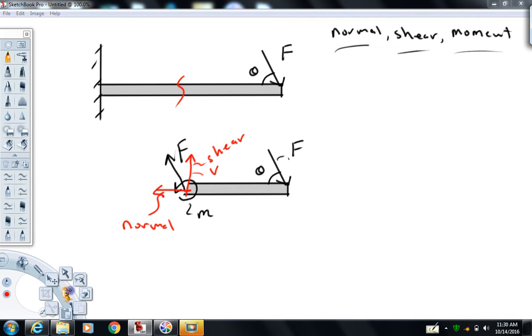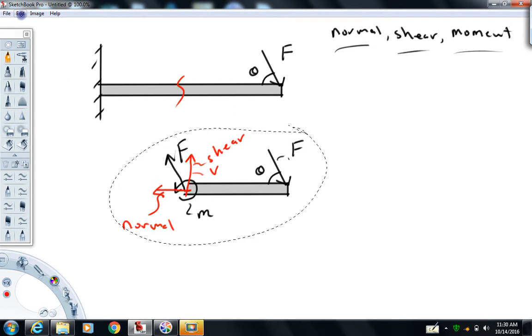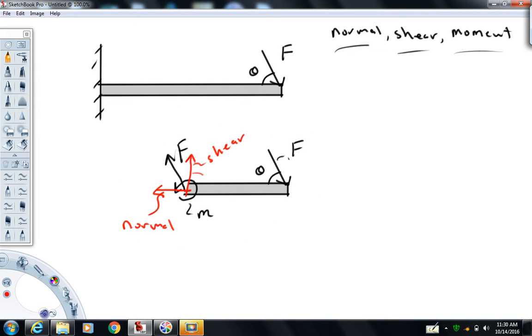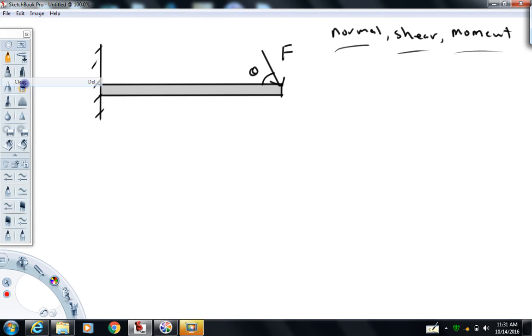Let me get rid of this here. All right. So when we cut a structure like this, I'm going to go ahead and redo that. If I cut it right here, actually I don't need the red in there. Sorry about this. There we go.